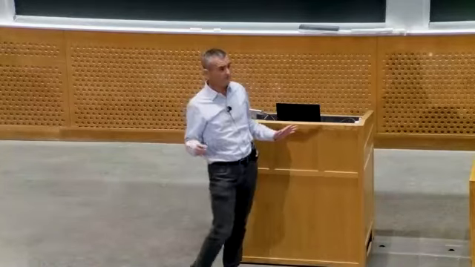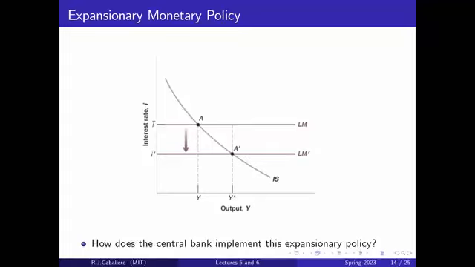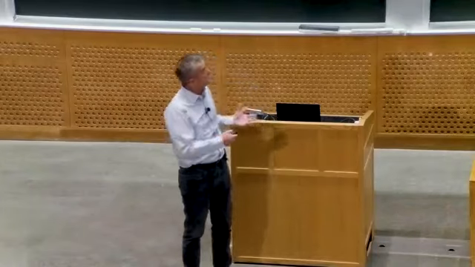Suppose the Fed cuts the interest rate and output stays where it is. Yes, we would have a lower interest rate, that's nice, but why is that not the final outcome of the monetary policy expansion? Exactly, this is an imbalance, no?